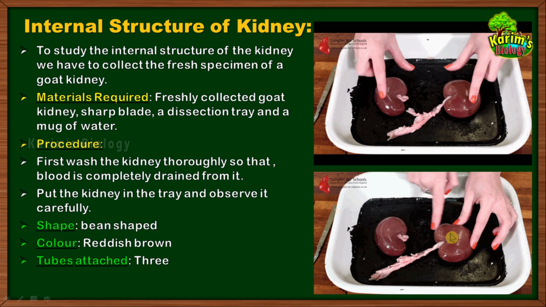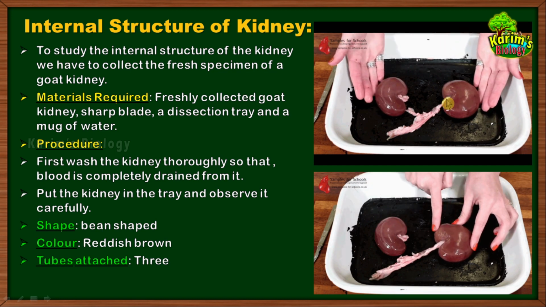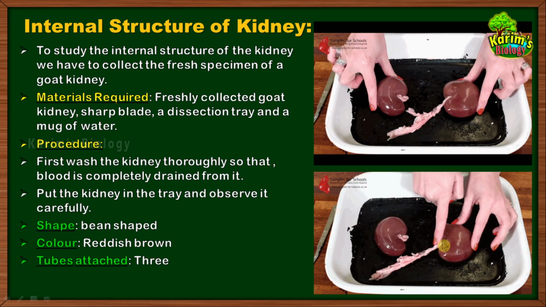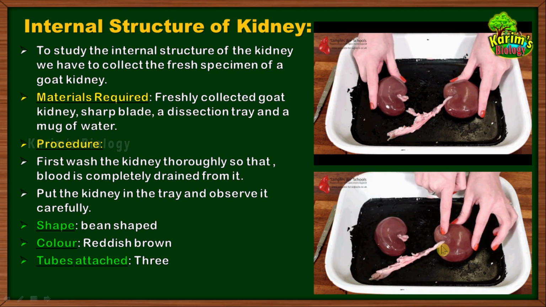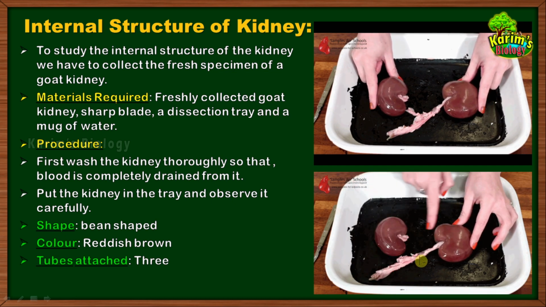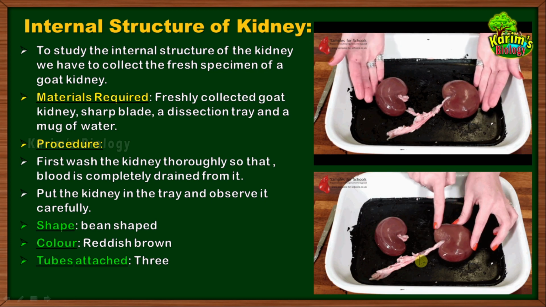Now come to the tubes attached. You can see this is the hilus of the kidney, and from this hilus you can observe some tube-like structures coming out. How many are there? Actually these tube-like structures are 3 in number. One is an artery called the renal artery, which takes the blood into the kidney.